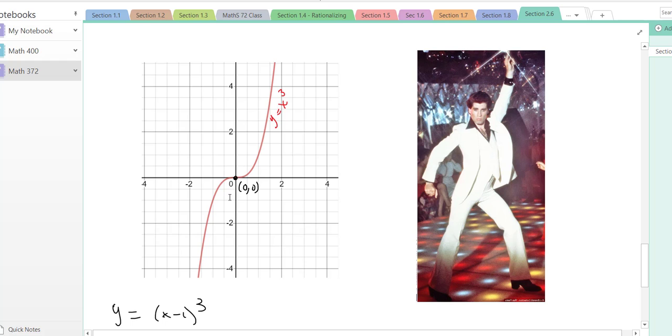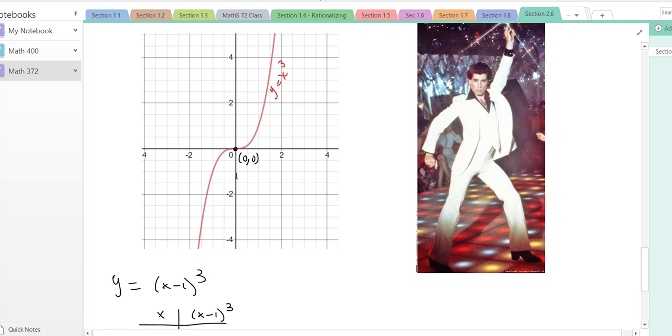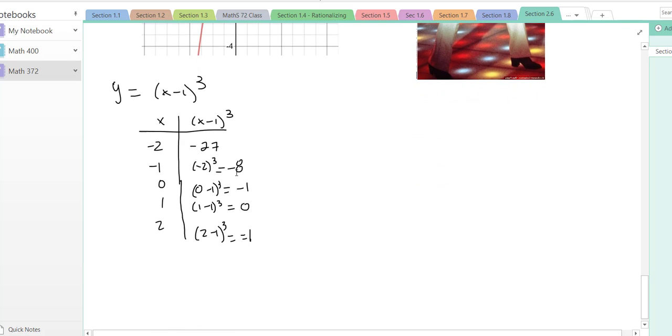So where does that happen here? Essentially, the 0 when x was 0 has now moved to negative 1. And notice that when x is 1, we now get the y value of 0.